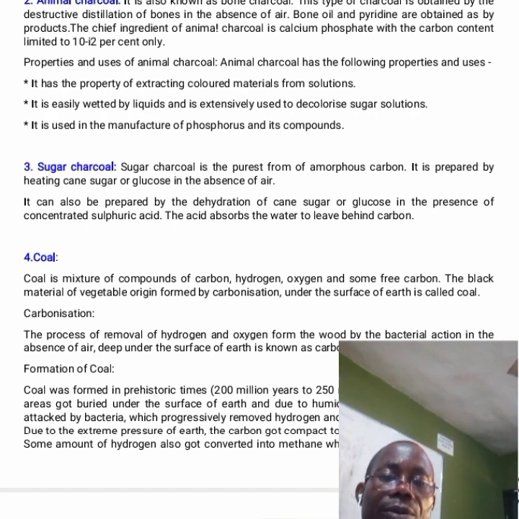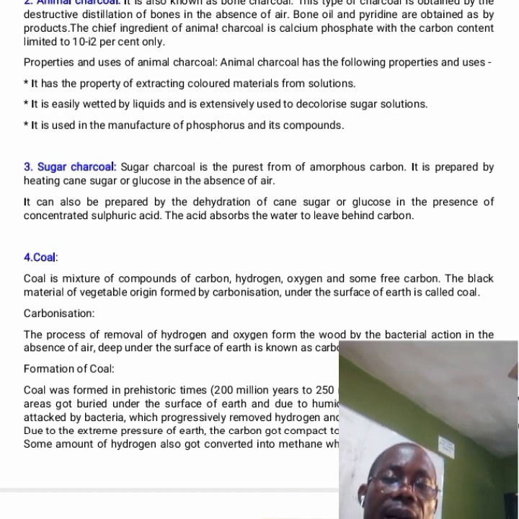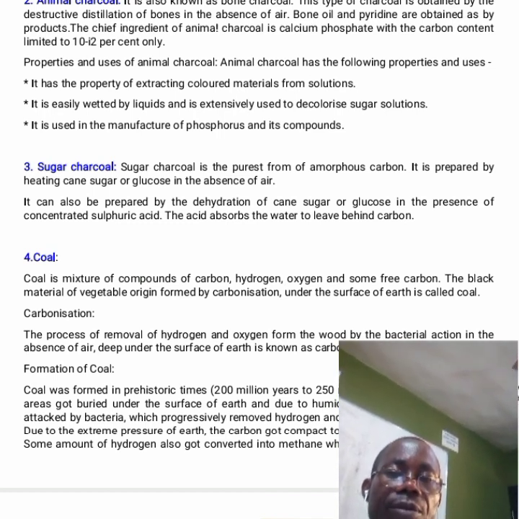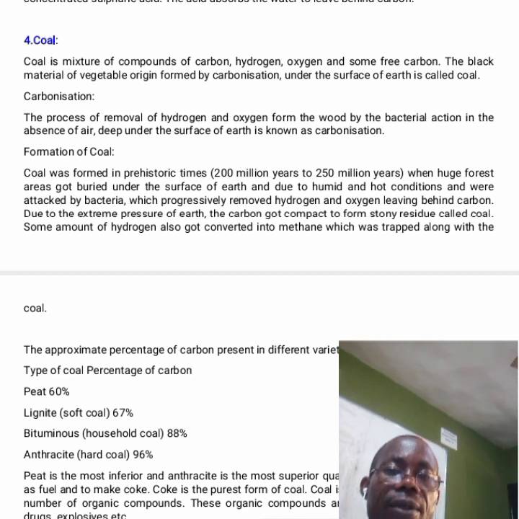Now we have described the uses of these fractions of coal. As a reminder, the fraction coke is used in the extraction of iron and in the making of steel. Ammoniacal liquor is used as a source of raw material for fertilizer.